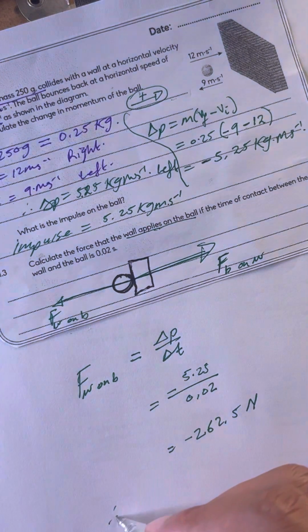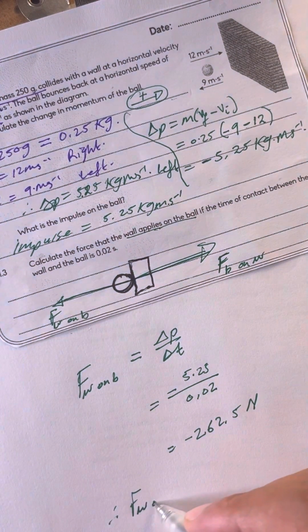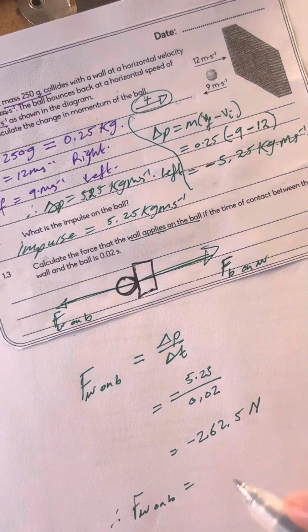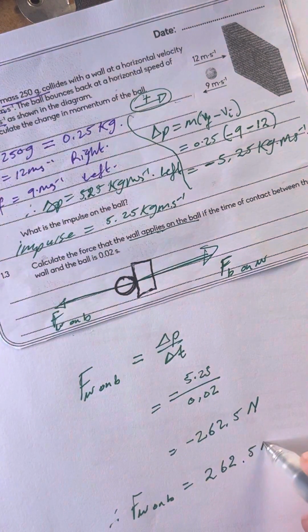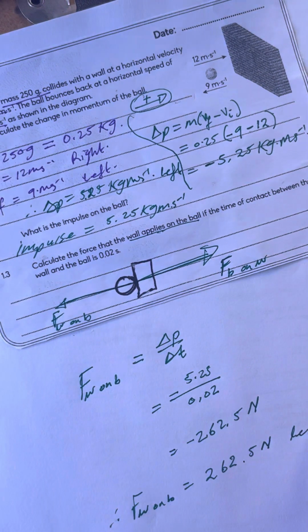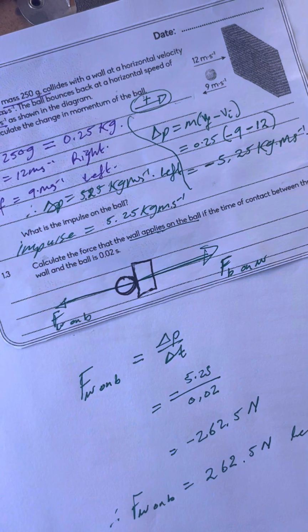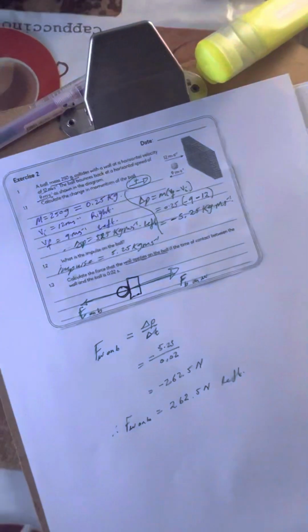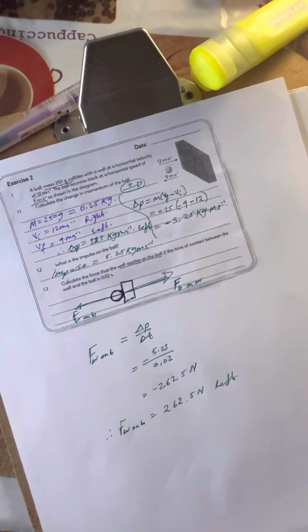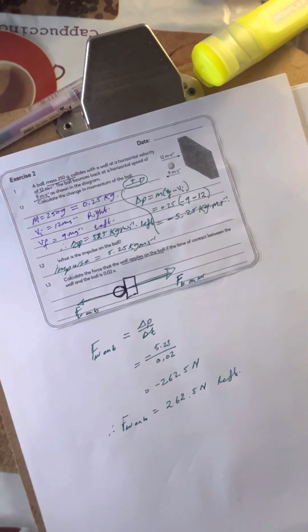So it means that the force that the wall exerts on the ball is 262.5 newtons in the left direction.